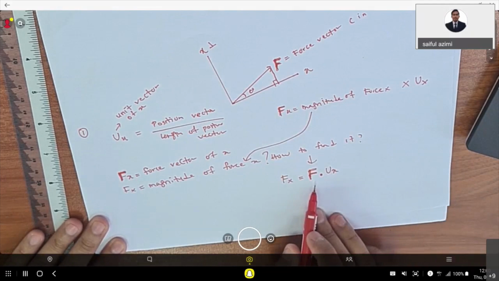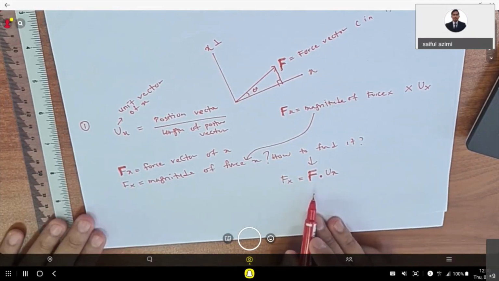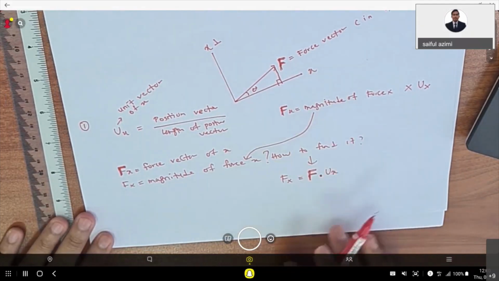So you can find it by using this formula. It is like rotating the vector, just like that.